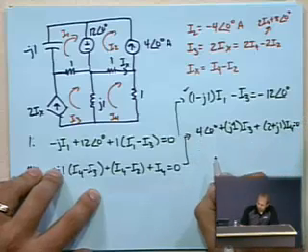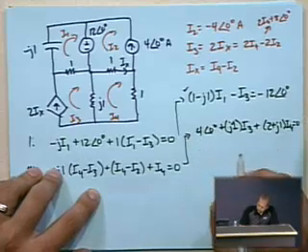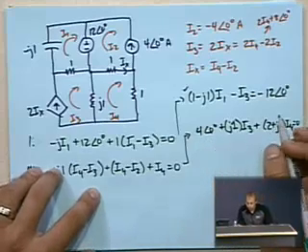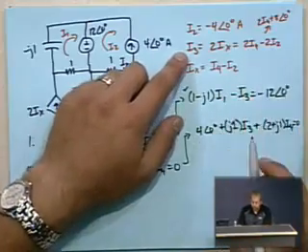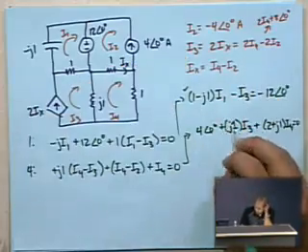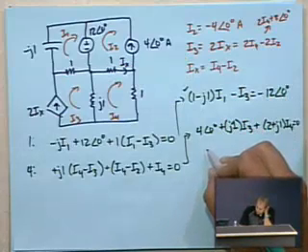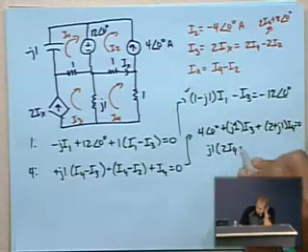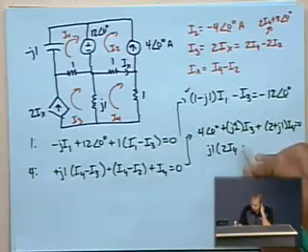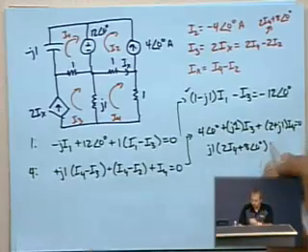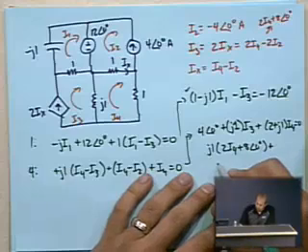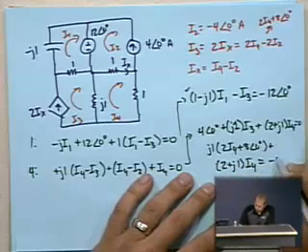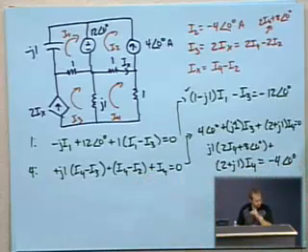And so we can simplify that one more time and say we've got j1 times I3, which is that nasty quantity up there, so j1 times 2I4 plus 8 at an angle of 0, plus 2 plus j1 times I4 equals negative 4 at an angle of 0.